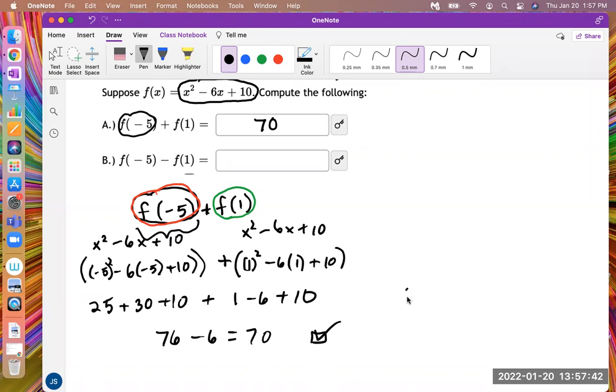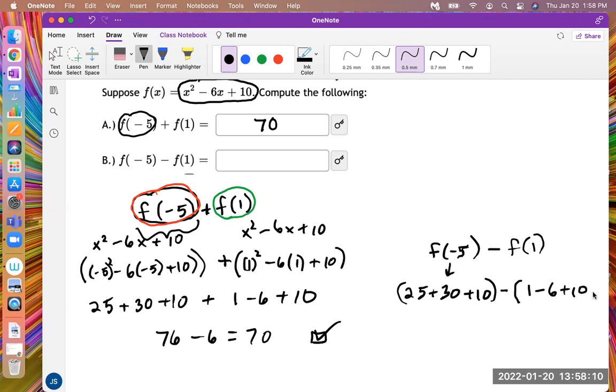The f of -5 boils down to this, then minus f of 1. Well, f of 1 boils down to 1 minus 6 plus 10.